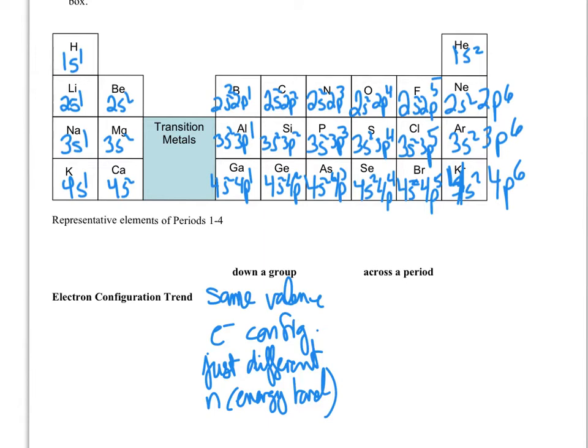Let's look at as you go across a period. So let's look at second period: 2s1, 2s2, 2s2, 2p1, 2s2, 2p2, 2s2, 2p3, and so on.